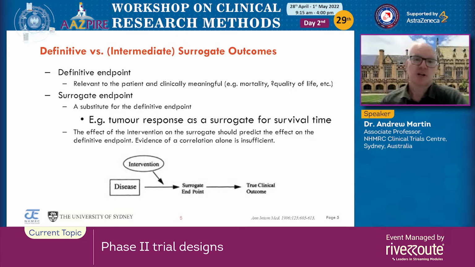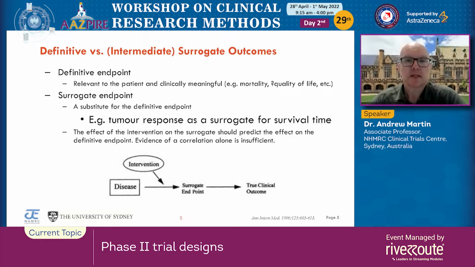So if we can demonstrate some activity on tumour response, that gives us some confidence that in a Phase 3 evaluation, we'd be able to pick up an effect on overall survival. In order for that to hang together, in order for an intermediate endpoint to be a good surrogate, it needs to be more than simply correlated with the definitive endpoint.